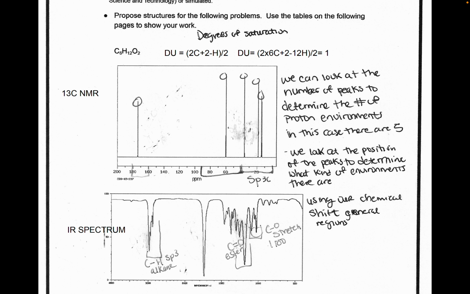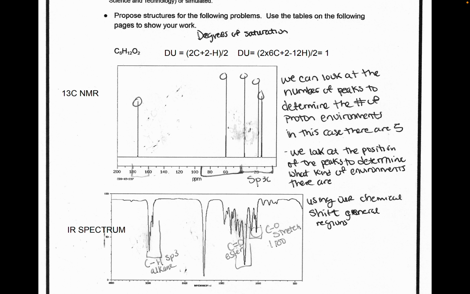And then there's also a strong peak near 1700, which is characteristic of a carbon double bonded to an oxygen stretch, a carbonyl group. So this tells me that I'm looking at either a carboxylic acid or an ester.